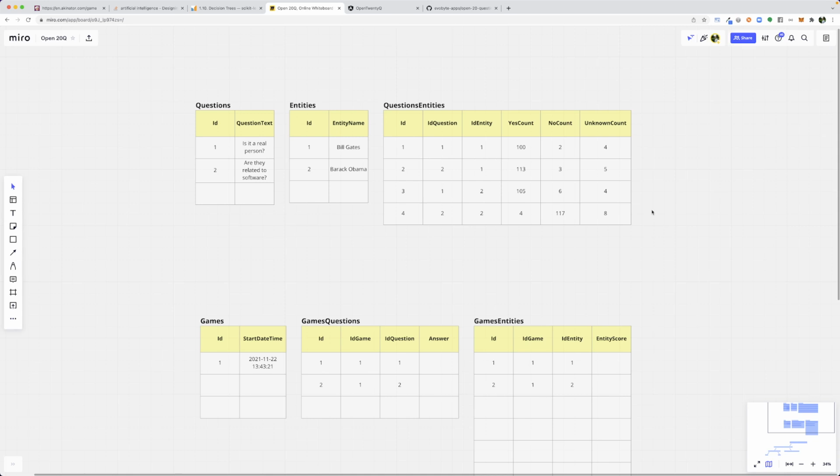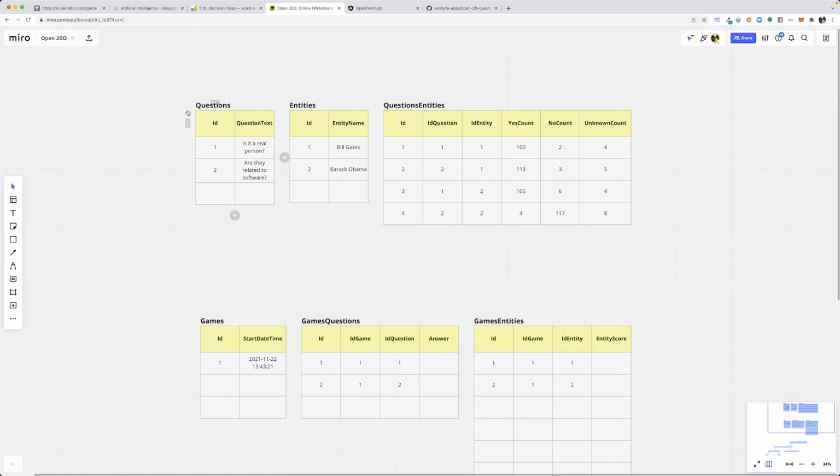I came up with this approach that uses 6 main tables, database tables. I use an SQL database in my implementation that I perform queries on, and those queries get me the next question to ask and the prediction at the end.